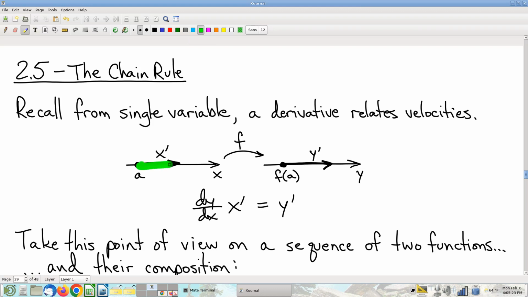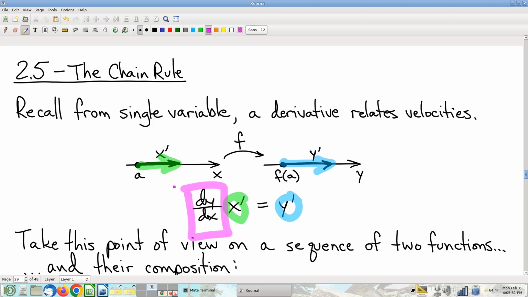If you have an input velocity in the x-axis resulting in an output velocity on the y-axis, there's a relationship between the input velocity and the output velocity. Notice, by the way, using the derivative to represent a velocity, thus our jaunt to Chapter 3. The relationship between the input velocity and the output velocity is the derivative.